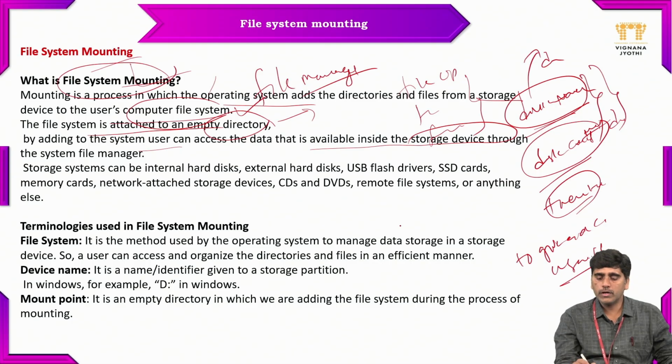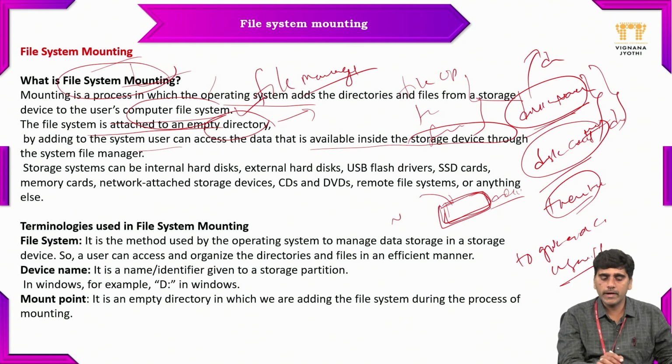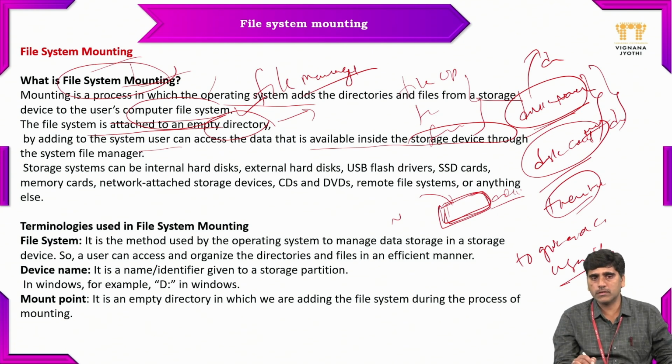Whenever you want to store a particular file into the disk storage, automatically the disk manager creates empty directories, and the disk manager gives the disk space for creating the directories. By adding these files to the directories, the user can access the data that is available inside the storage device.